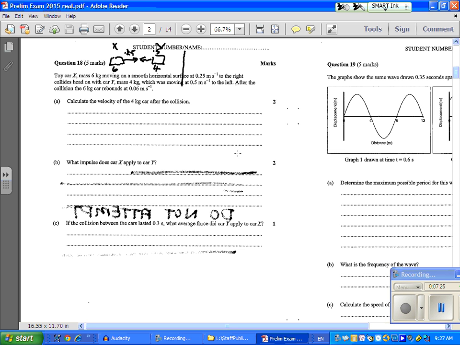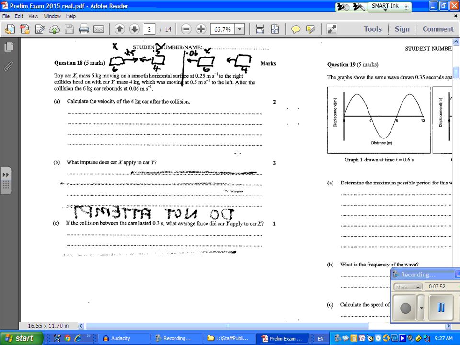After a collision occurs, car X is travelling in the opposite direction at 0.06 metres per second, it says. And it's still 6 kilograms, and car Y, which is still 4 kilograms, is travelling that direction with some velocity we don't know.